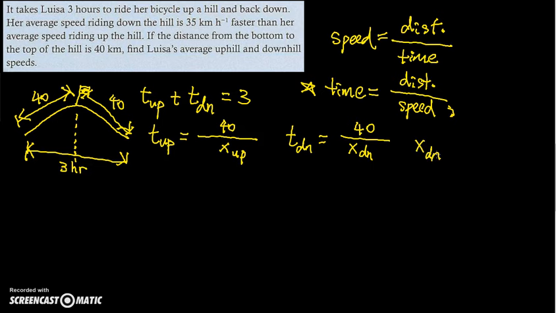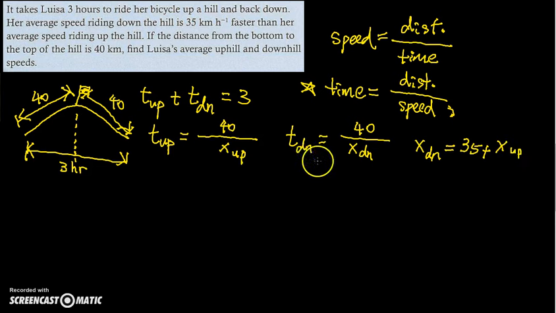The speed coming down is 35 kilometers per hour faster than the speed going up, which means I can write x down as 35 plus x up.